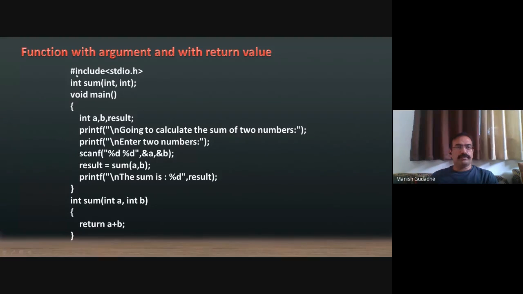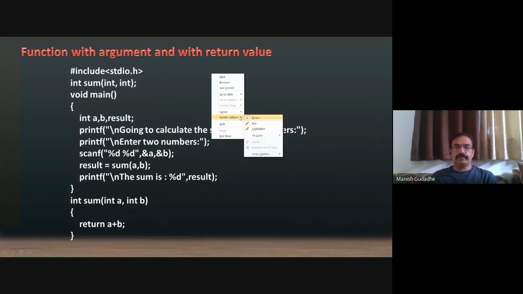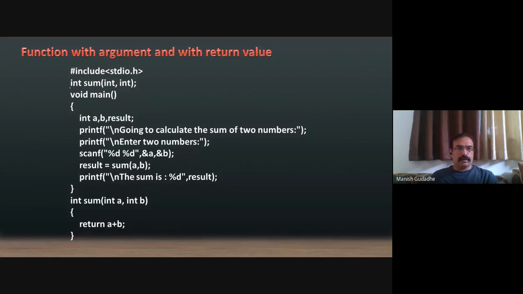So now the declaration changes. There is a function sum, which will take two integers as arguments and will return an integer value.